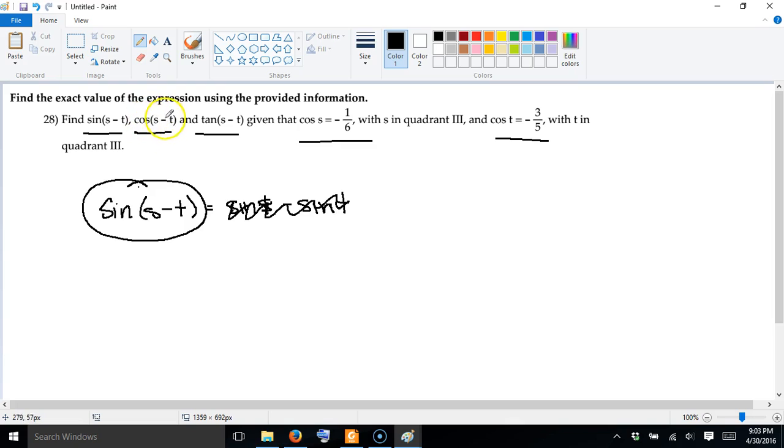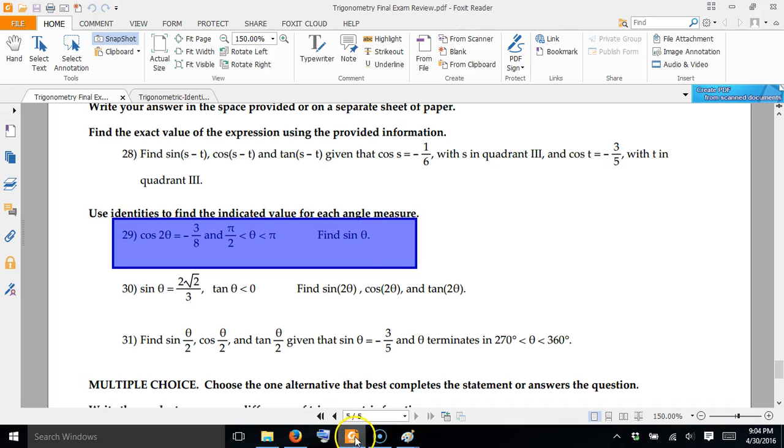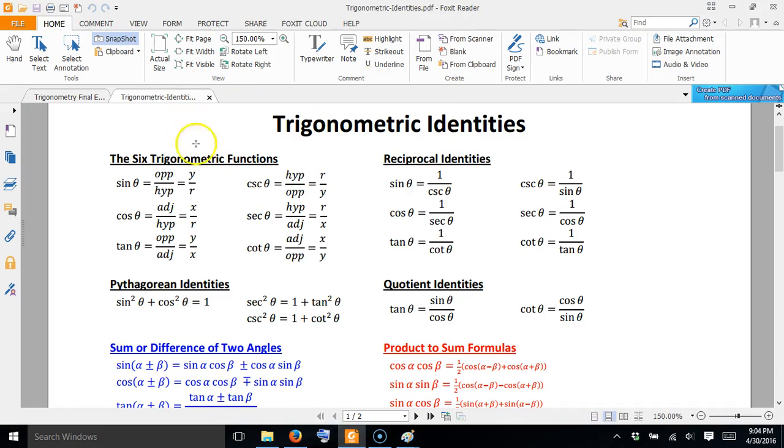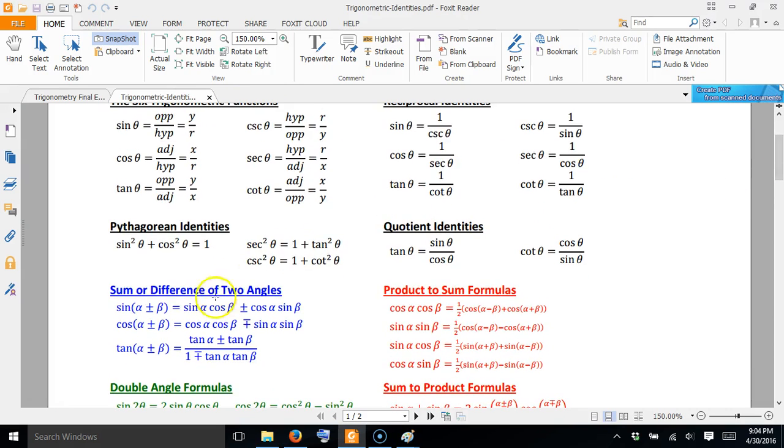Same thing goes with, these are called your sum and difference identities, okay? So I think I have those here somewhere. Yes, right here. Sum of two angles and differences of two angles, right here. And how the sine of two angles that either add or subtract together, what it's equal to is this right here.